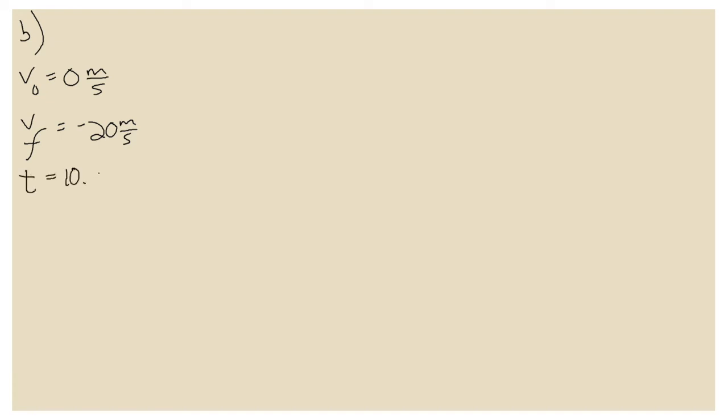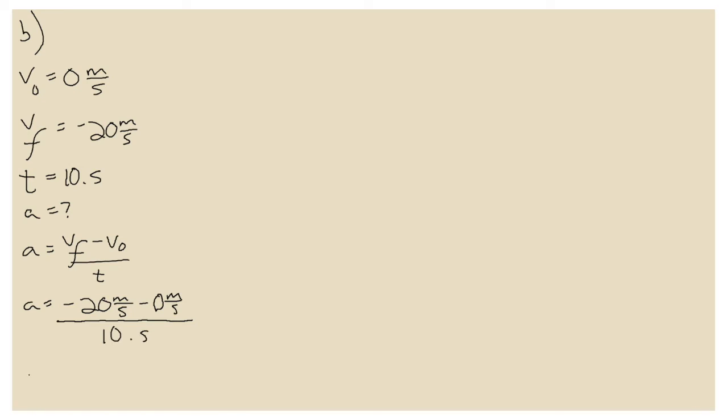And they tell us in the problem that it takes 10 seconds. We're looking for the acceleration. So the acceleration here is going to be final velocity minus initial velocity over the time. And that's going to give us negative 20 meters per second minus 0 meters per second, over 10 seconds. And so we get here negative 20 over 10, and that's going to be negative 2 meters per second squared.